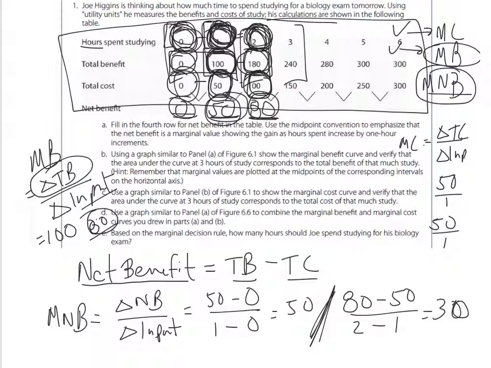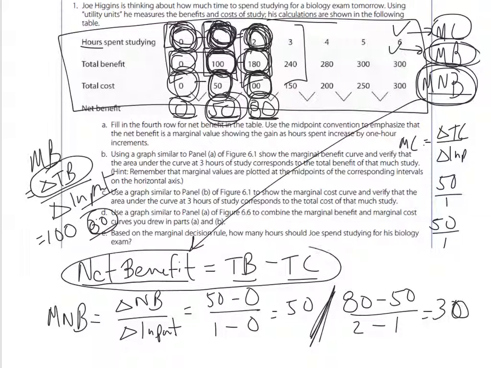Okay? So all we're doing in this quant exercise is simply practicing calculations, clarifying how you calculate marginal cost, marginal benefit, marginal net benefit, but before we can do marginal net benefit, we have to know how to calculate the net benefit. Okay? So again, we're going to be talking about this a lot more.